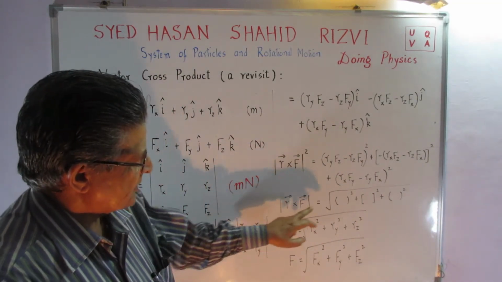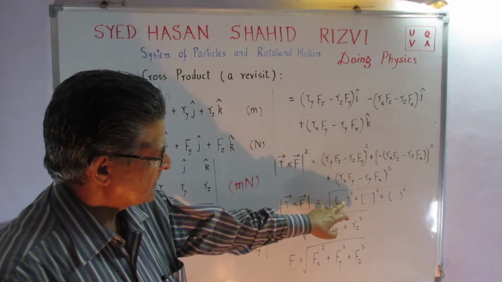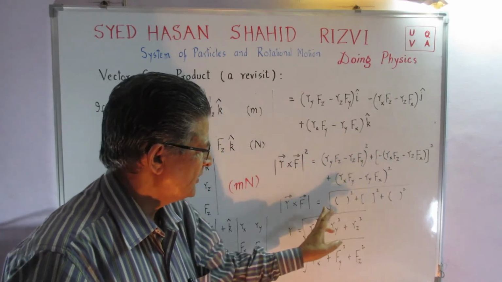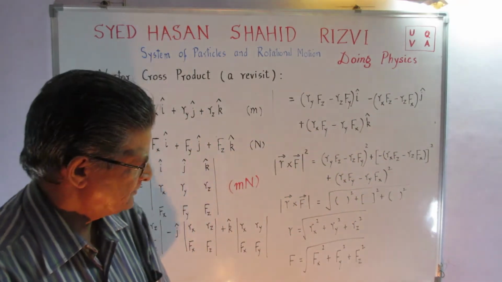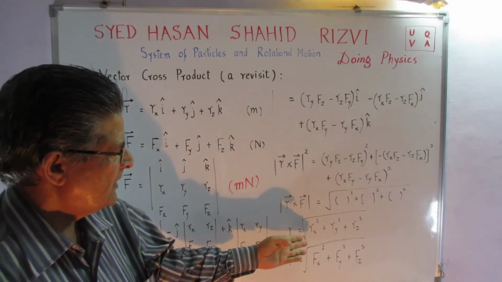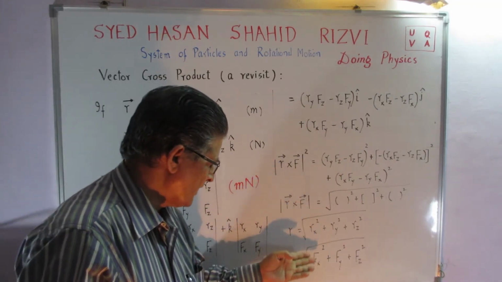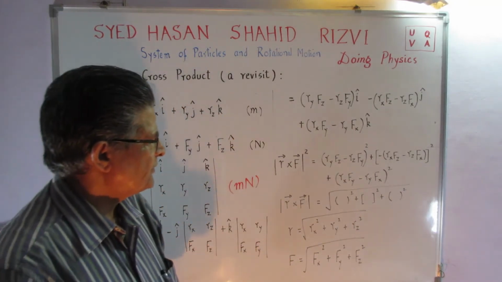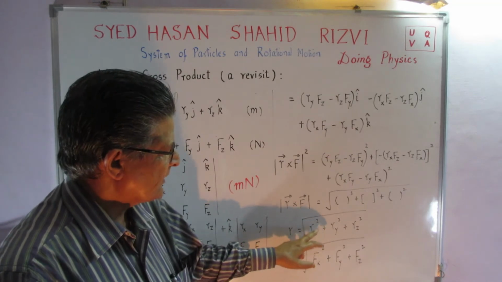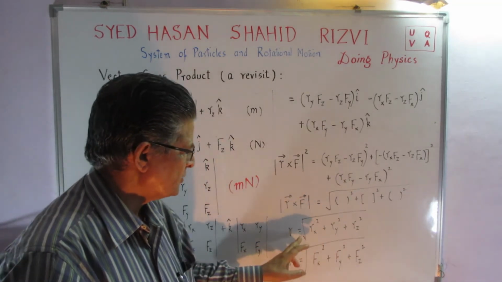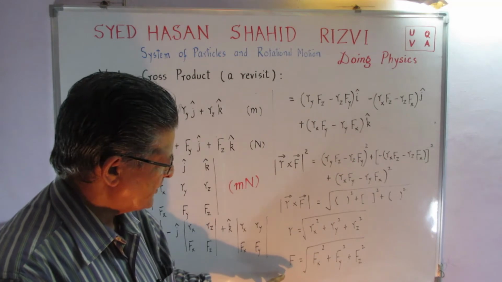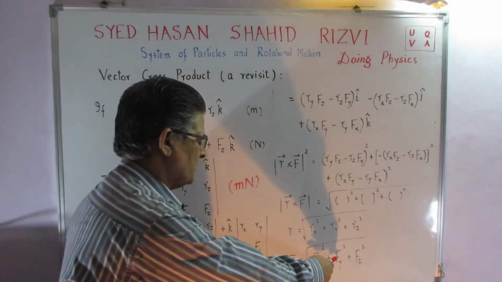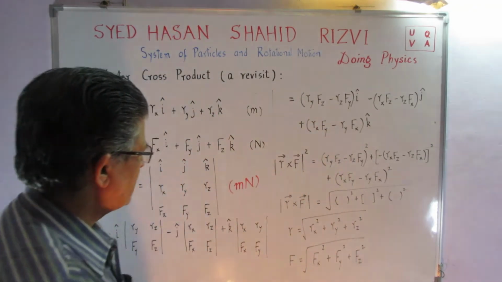I can also calculate the value of R and F from the coefficients of I, J, K, that is, Rx square plus Ry square plus Rz square. This is a regular thing that we have been doing even in the case of dot product, and F is equal to Fx square plus Fy square plus Fz square, all under root.